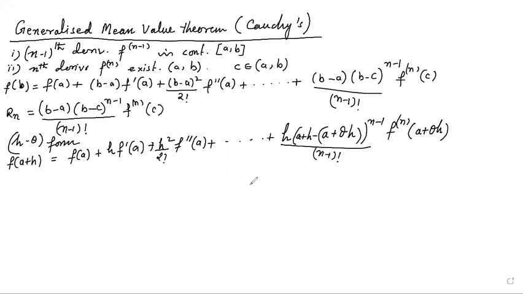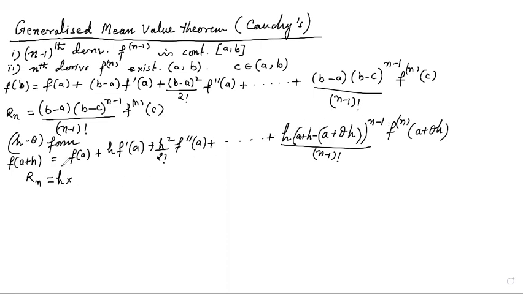If you simplify it a little bit, you will come out with Rn as here. Your Rn will be h into, how much is this? The a gets cancelled and we are left with (h minus theta h) to the power n minus 1. If I take h common from there, I will get h to the power n minus 1, and one more h is outside.